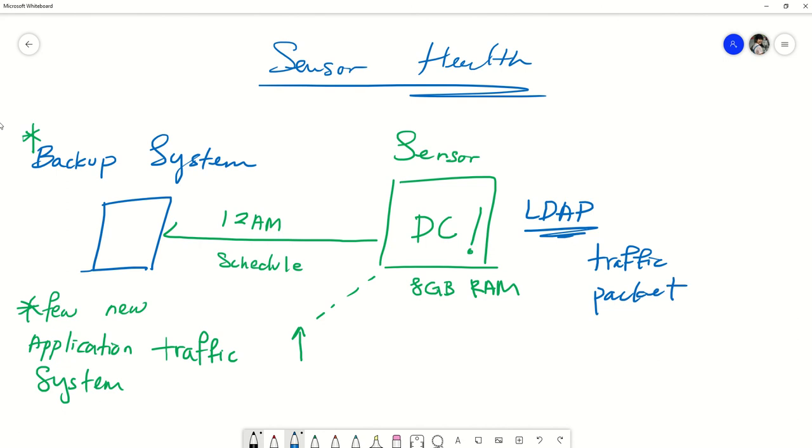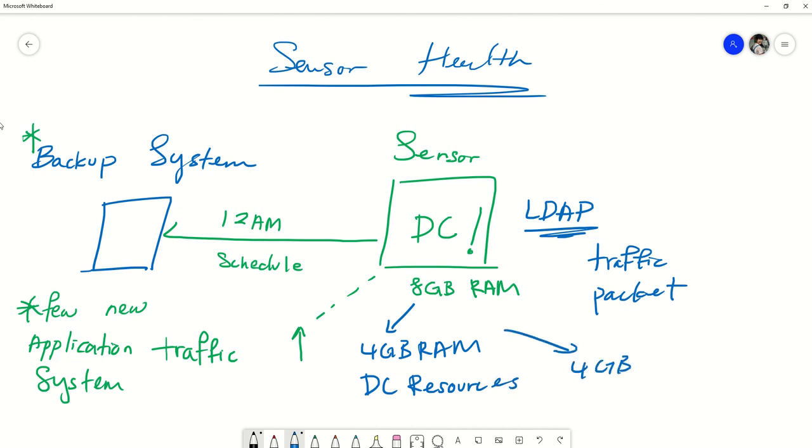Usually 4 GB of RAM will be taken up by the DC resources, and the other 4 GB, plus or minus, would be for other packets or traffic.